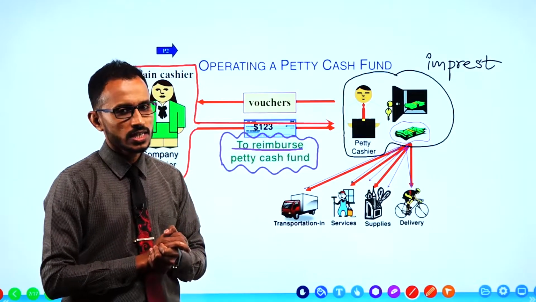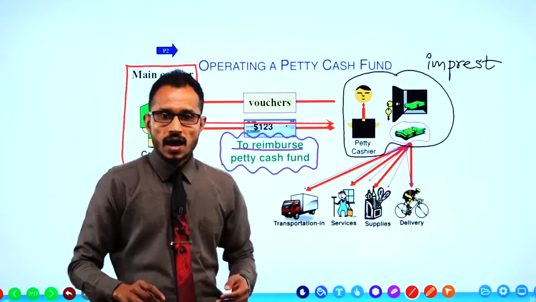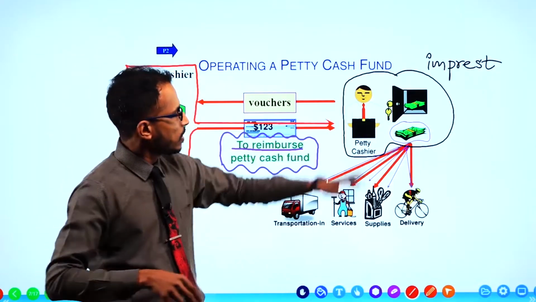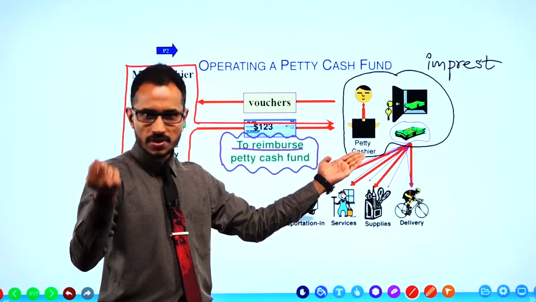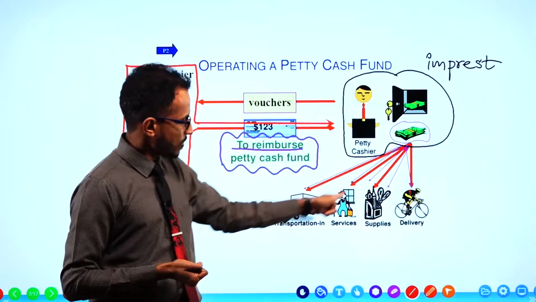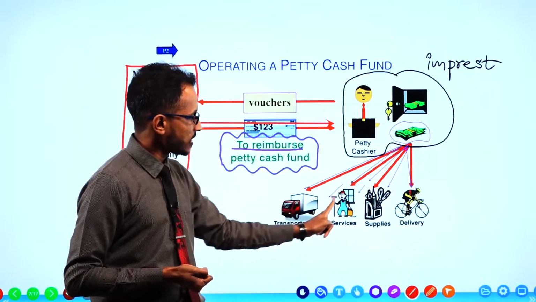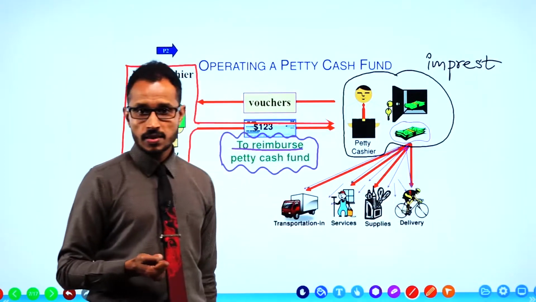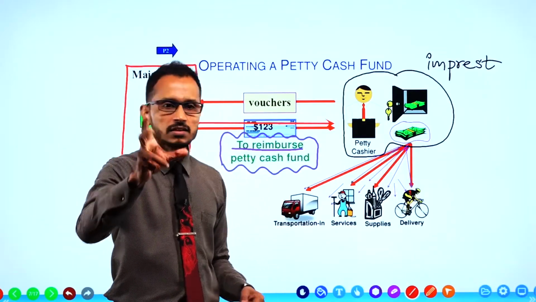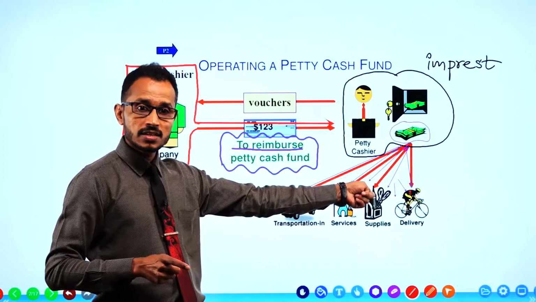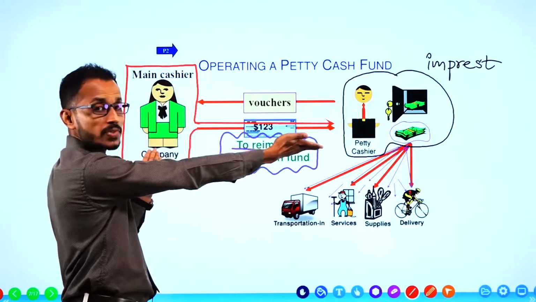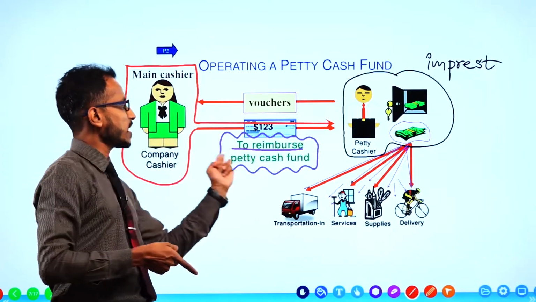You got it or not? I'll repeat in a quicker, simpler manner. The petty cashier has the imprest at his hand. He spends for petty cash expenses such as these expenses. During the month, the total amount which is spent for petty cash expenses should be given back to the petty cashier by the main cashier.